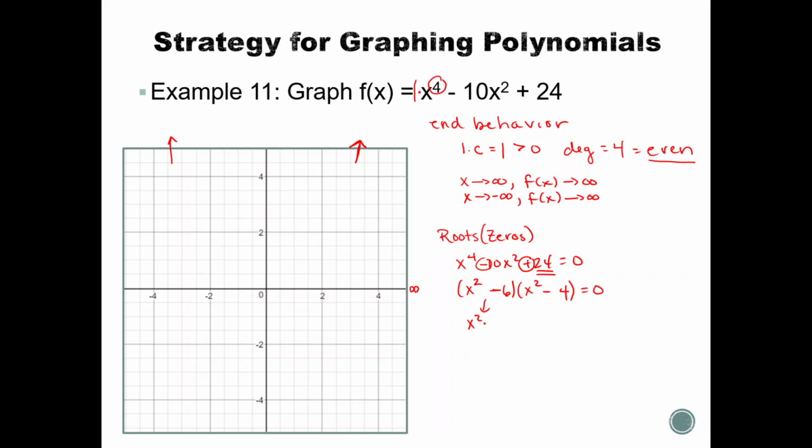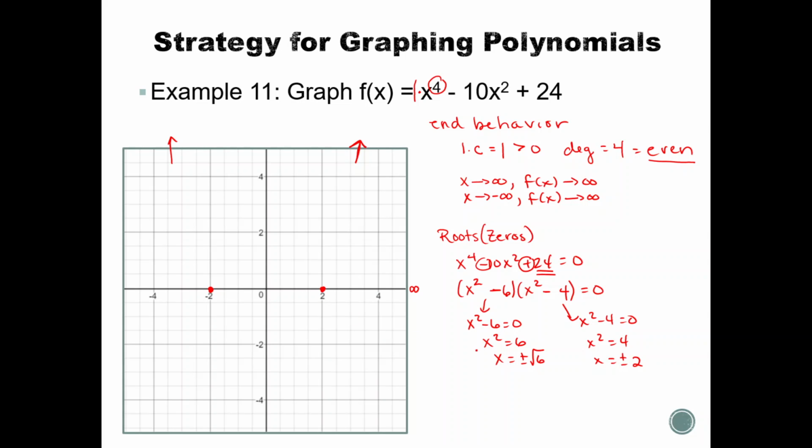So this would tell me x squared minus 6 is 0. So x squared is 6, and x is plus or minus the square root of 6. This one tells me x squared minus 4 is 0. So x squared is 4, which tells me x is plus or minus 2. So let's plot those. Here's negative 2.